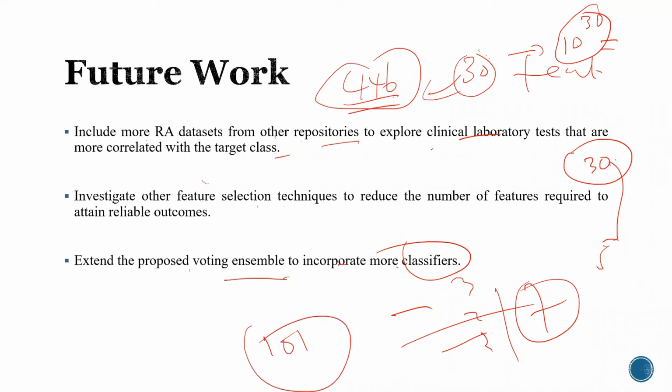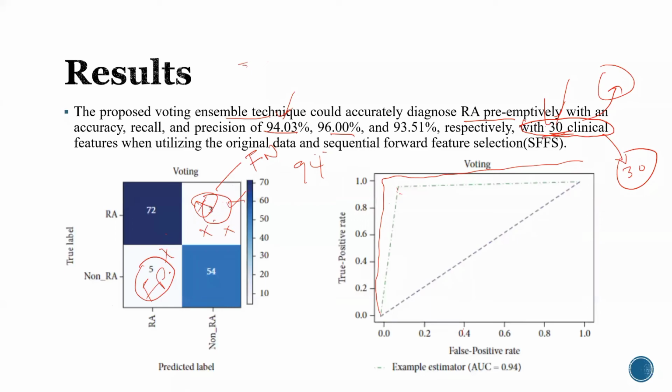But as it is, with the total number of data set we have, 446, the system is making a mistake on just 8 samples, and 5 of them are less critical mistakes. False positive means you are predicting that somebody has rheumatoid arthritis, meanwhile he doesn't have it. You have to go for a follow-up and then they will tell you that you are fine.